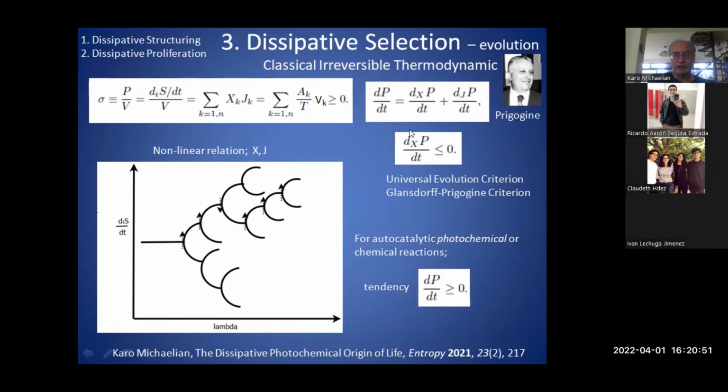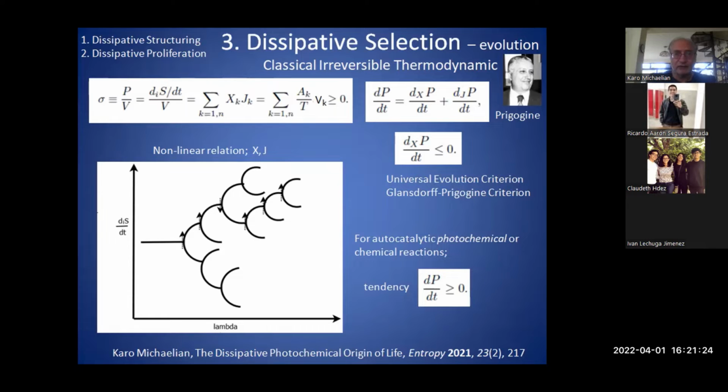Now, what Prigogine and Glansdorff have shown is that there is such a thing called a universal evolutionary criterion, which is written in this form, that this part, dxP by dt, has to be less than or equal to 0. So this is saying that the change in the entropy production due to the changes in the free forces in the system, the free forces being the forces which are not fixed over the system, because we have some fixed forces. For example, in the case of the heat flow, the fixed force is the gradient of the temperature.